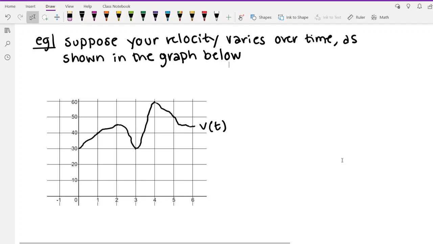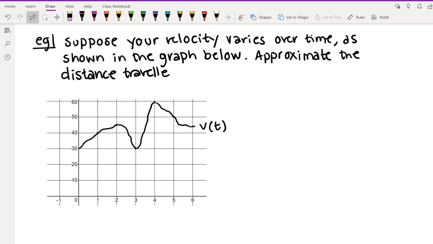So the question we want to answer here is how to approximate the distance traveled. And this time, above we did just from 1 to 5, let's say we're doing it now over the entire time, so from 0 to 6.